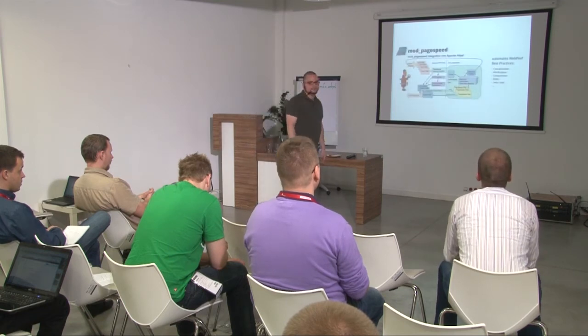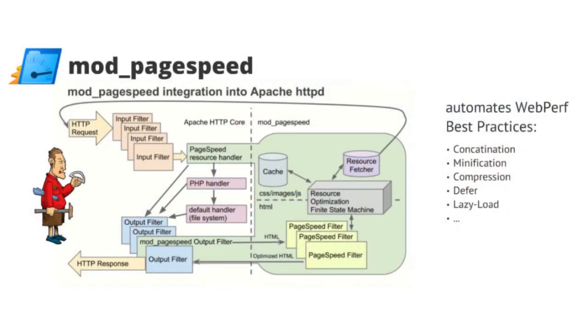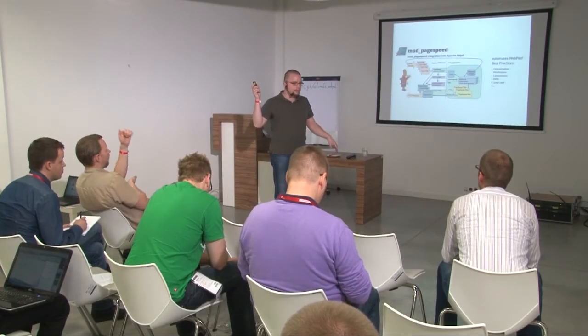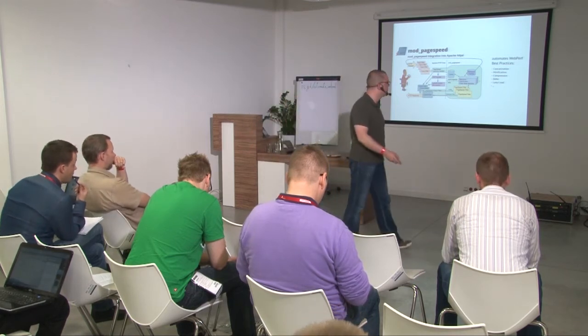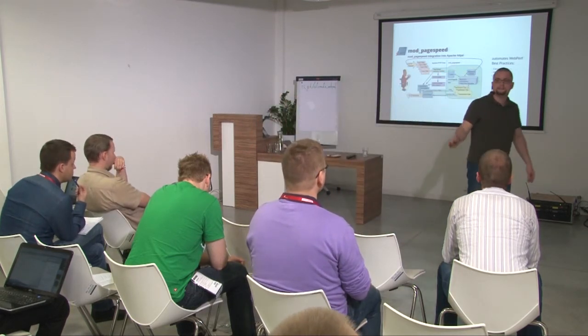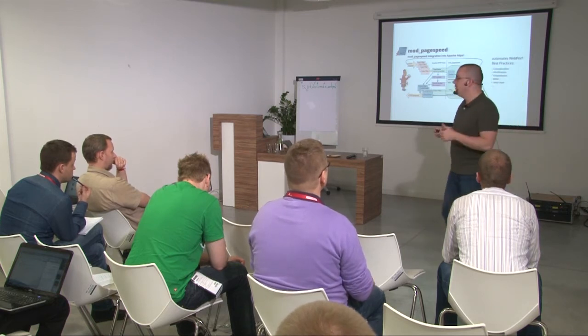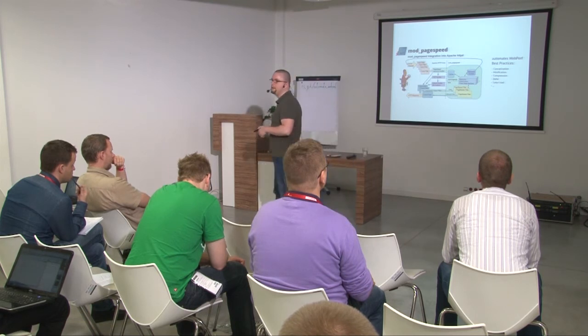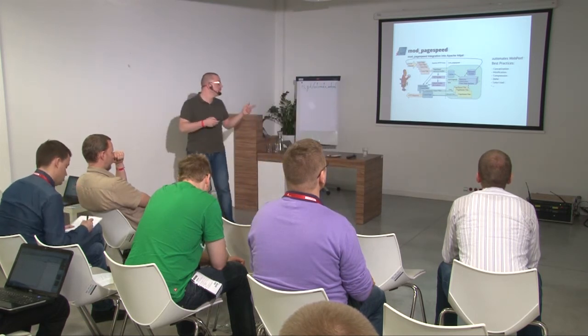So that's image optimization. And the next thing I brought you today is ModPageSpeed. ModPageSpeed is a module created by Google, which is also now available as Nginx PageSpeed. And what it does is all these best practices we've been hearing from me and from the Akamai guy and from everybody here around who cares about performance, it tries to automate these things for you. So you can basically use an Apache server for ModPageSpeed or Nginx compiled with Nginx PageSpeed to get all these things for free.